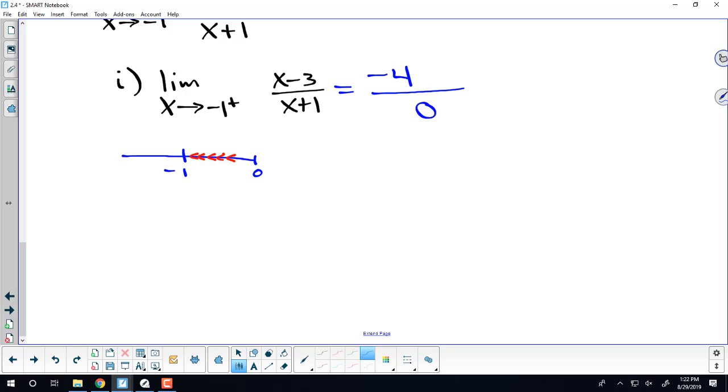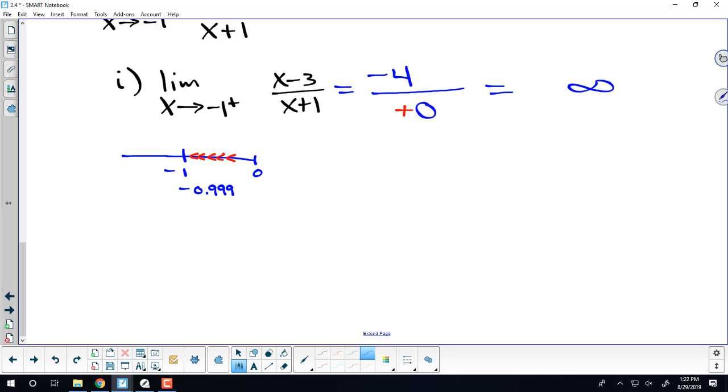Because these are like -0.999 and so forth. So all of those numbers added to 1 give us a really small positive number.